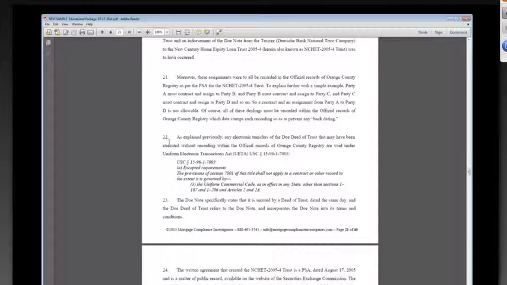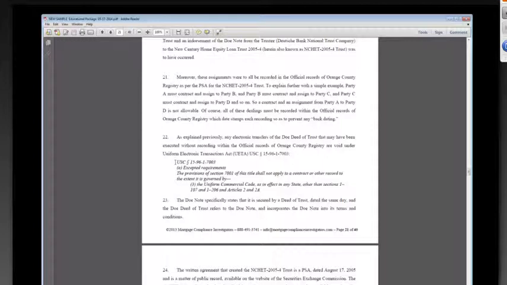What are the cases? We talked about UETA. As explained previously, any electronic transfers of the Doe Deed of Trust that may have been executed without recording within the official records of Orange County Register are void under the Uniform Electronic Transactions Act, UETA, 15 USC 7003.